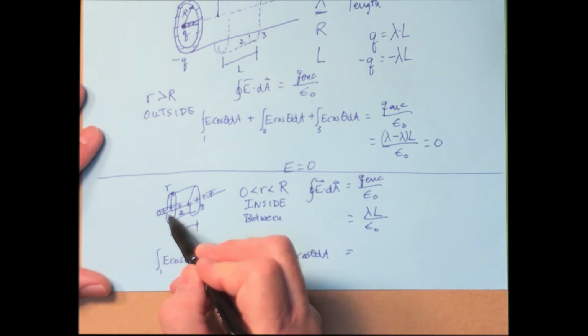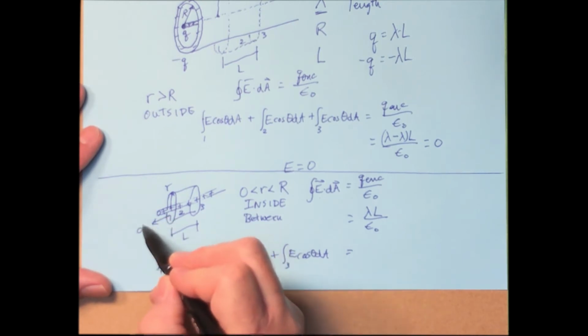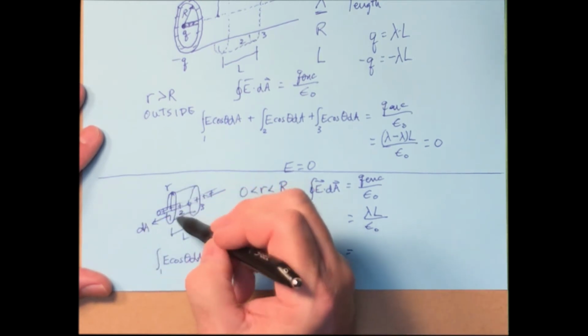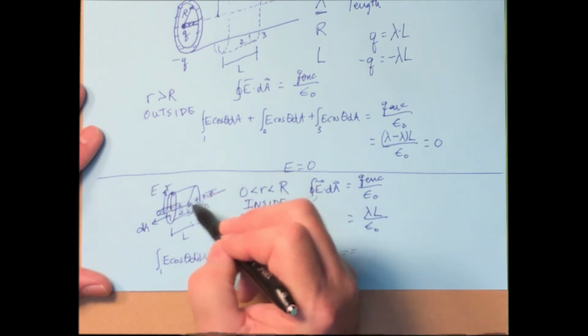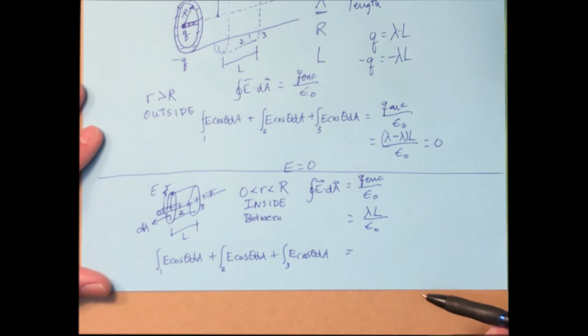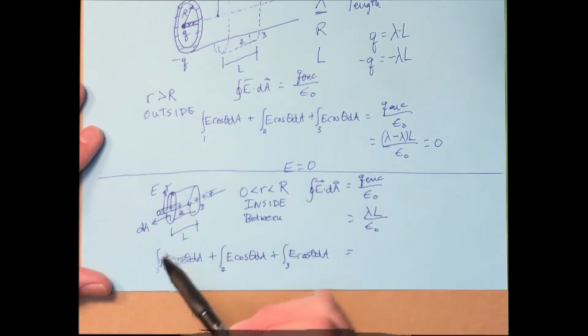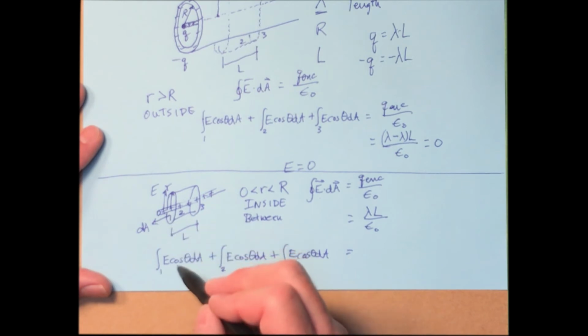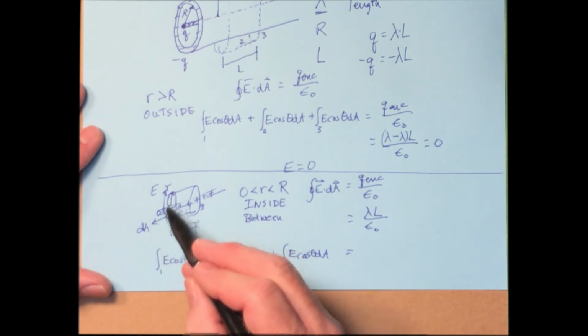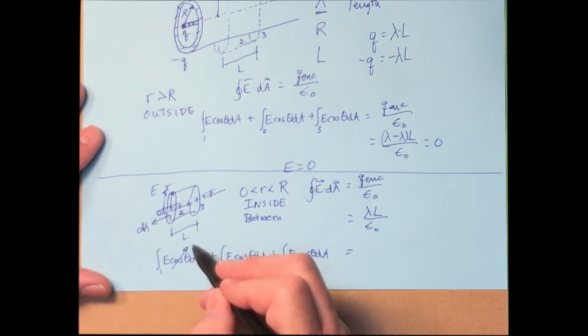For area 1, the dA vectors point that way. What direction are the electric field vectors going to point? They're going to point radially away from that positive line of charge, by the same reasoning that we did for the lightning bolt previously. So for area 1, the angle between the A and the E is 90 degrees.